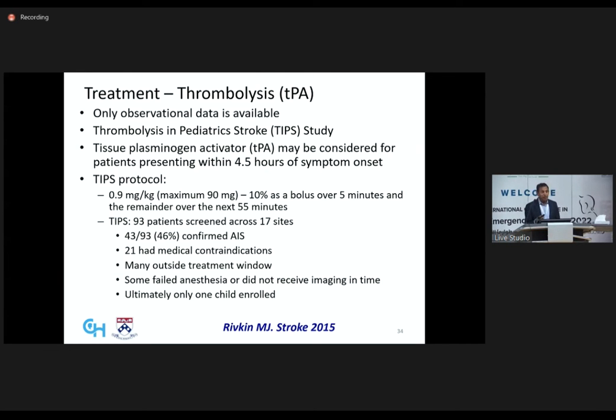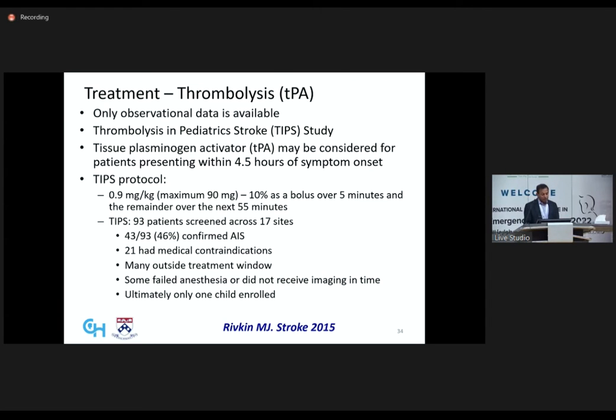And then thrombolysis with TPA. Those of you who practice with adults know TPA is advocated if you identify stroke within the first 4 to 6 hours. In children, there are very limited studies. There was an investigational study to see how feasible it would be.